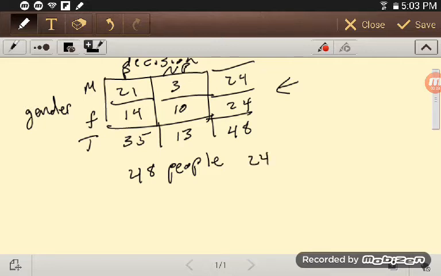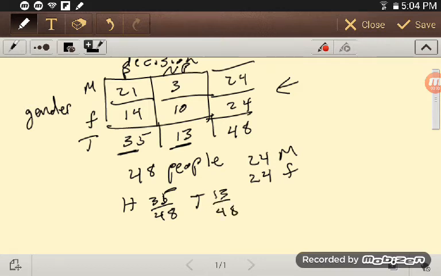Now 24 of the coins are male, 24 of the coins are female, and each coin, if we went with promotion, might have heads at 35 out of 48 chances, not 50-50, like a regular coin. So it's an unbalanced coin, and then tails would be 13 out of 48.